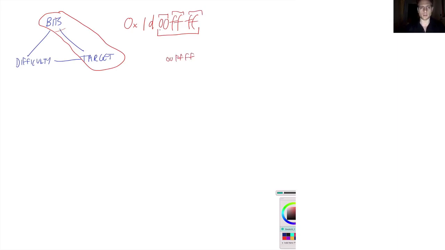Then we look at the first byte and see in hexadecimal how many bytes it represents. In this case 1D is 29, so we know that in total the hash target takes up 29 bytes. So 3 from here, and then another 26 bytes of zeros, 1, 2, all the way to 29, and the remainder is zeros on the front.